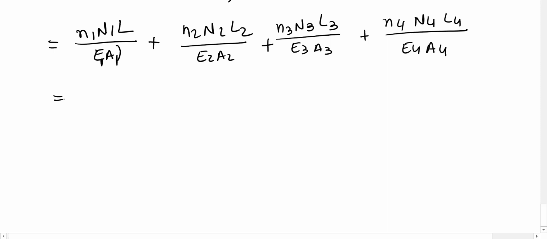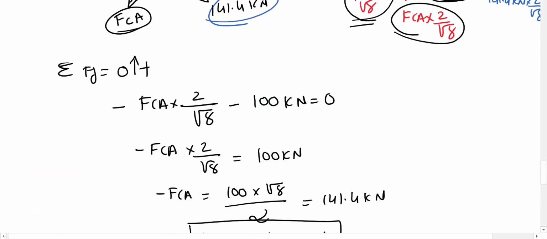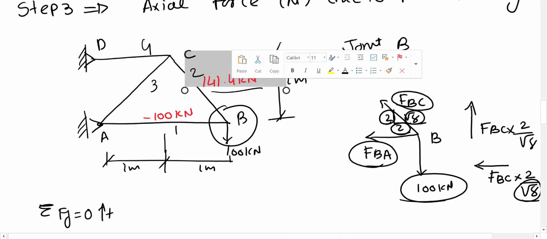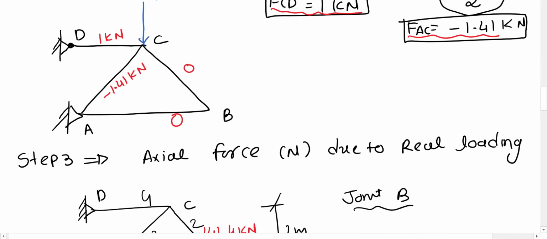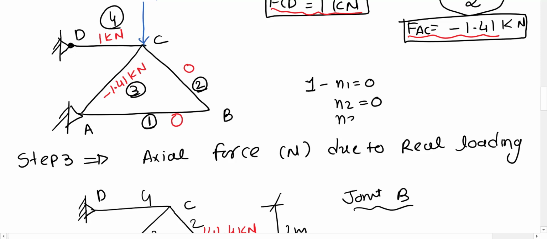Now for small n, we can go back here and list them. Let's give the names: this is 1, this is 2, this one 3 and 4. So small n1 equal to 0, n2 equal to 0, n3 equal to minus 141, and n4 equal to 1.